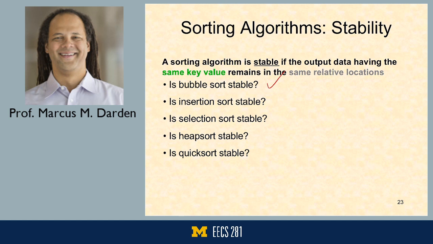Insertion sort, we said that was stable. Selection sort, not so much. Heap sort, because of these fixes, doesn't necessarily end up stable. And quicksort, definitely not stable. All right. So there we go.